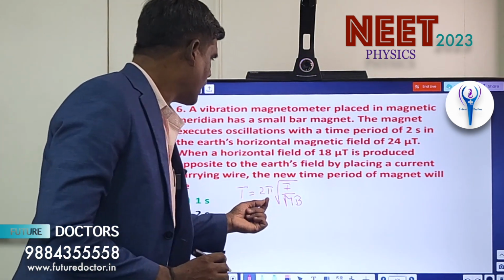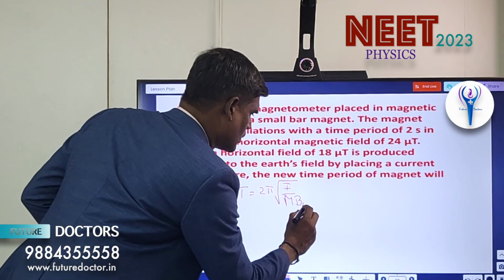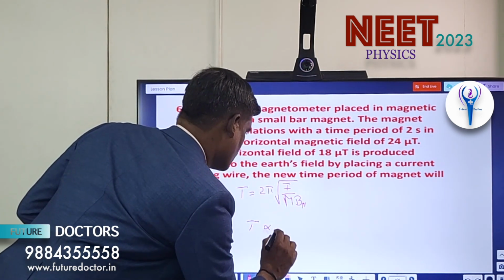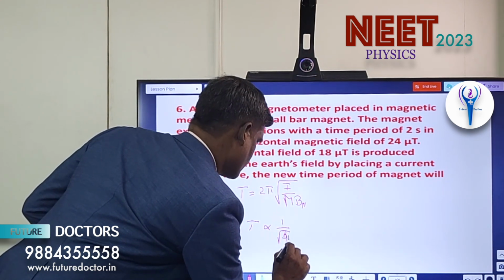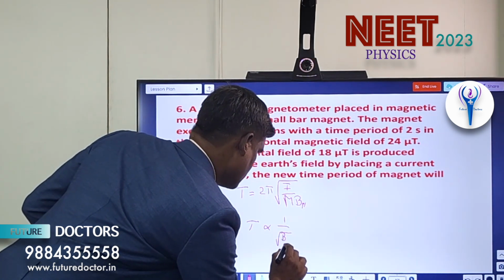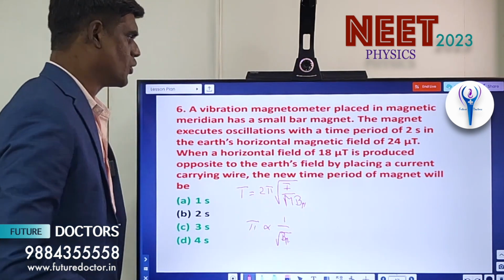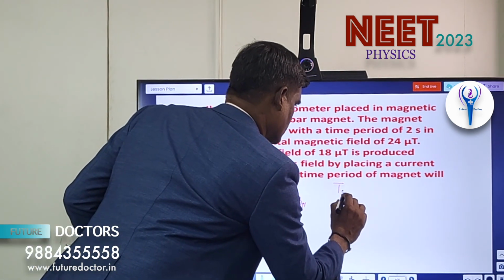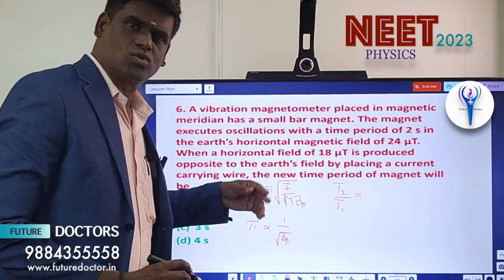And here I, M and all are constant, only B is variable, and B is represented as BH. From this, T is proportional to 1 by square root of BH. So T1 is proportional to 1 by root BH1 and T2 is proportional to 1 by root BH2. Then T2 by T1 equal to square root of BH1 by BH2.